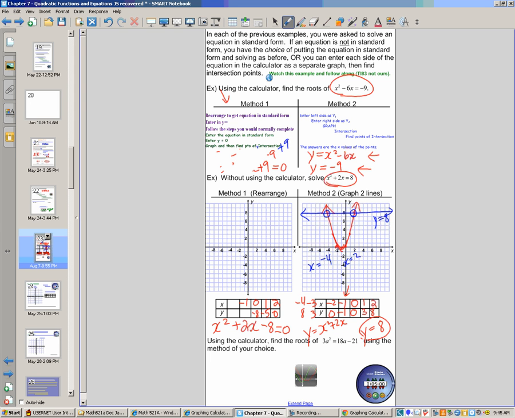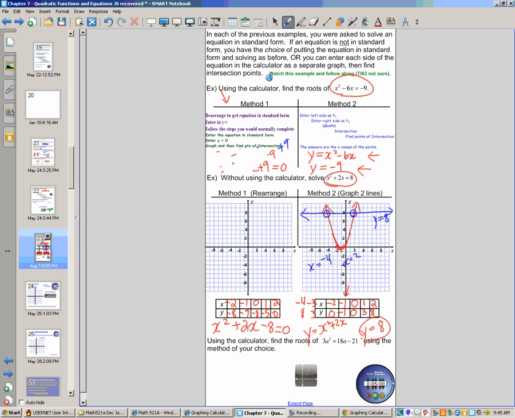Put in a negative 1, negative 1 squared is 1, plus 2 times negative 1 is negative 1, minus 8 is minus 9. Put in a negative 2, negative 2 squared is 4, plus 2 times negative 2 is negative 4, so that's 0, minus 8 is minus 8.